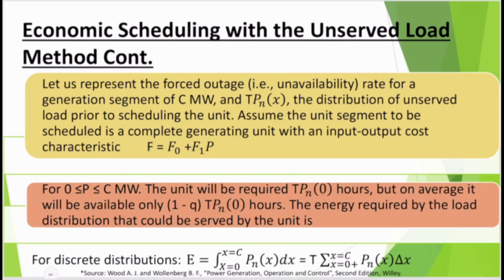The energy required by the load distribution that could be served by the unit is given, for a discrete distribution, by E equal to integral x equal to 0 to C of Pnx dx, that is equal to T times summation x equal to 0 plus to C of Pnx delta x.